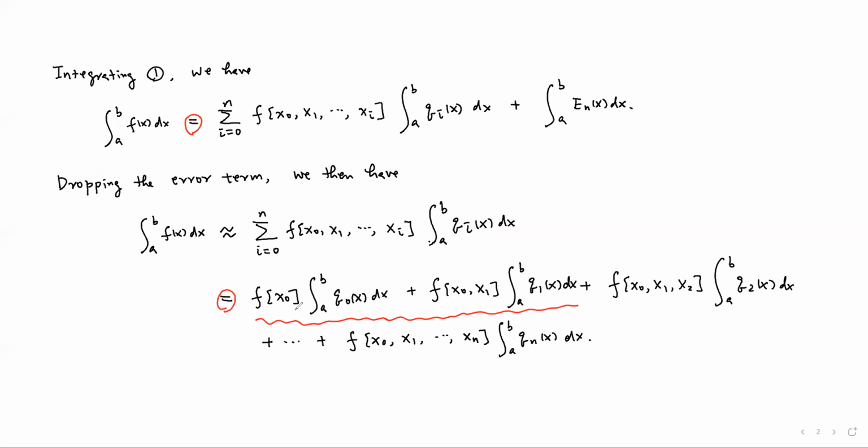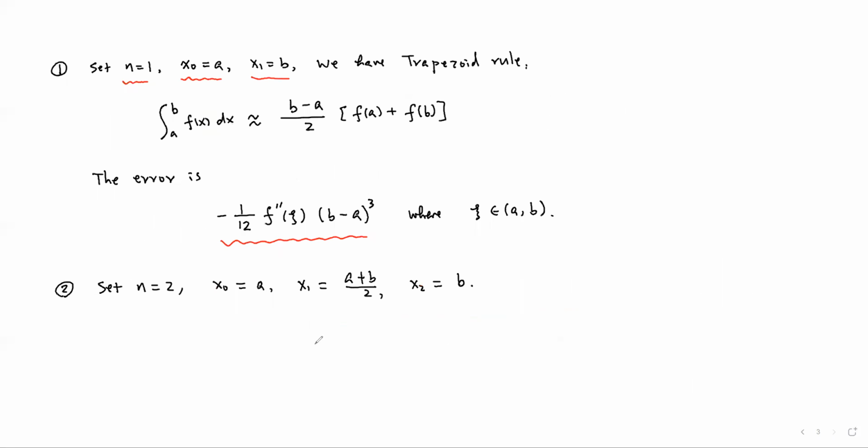This time, we use 3 terms in this equation. For this special choice of x0, x1, x2, we compute the divided difference and also compute these 3 integrals. Then we get a quadrature rule. We call that quadrature rule Simpson's rule.